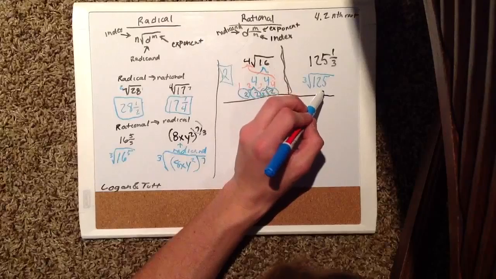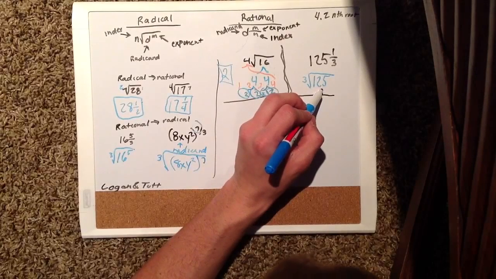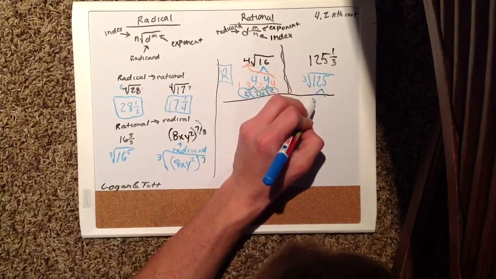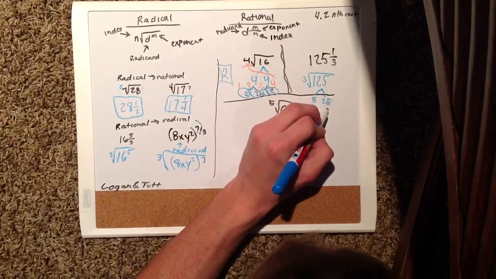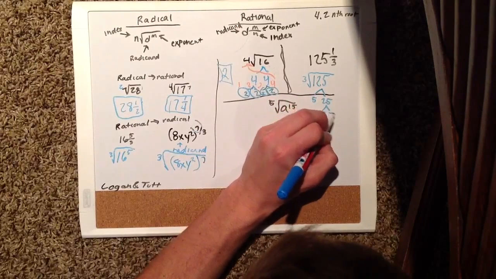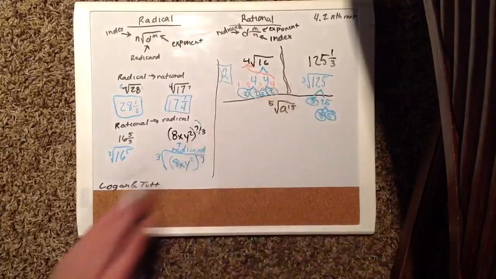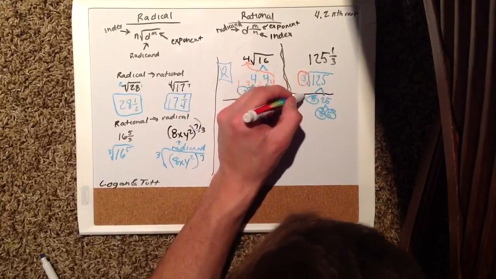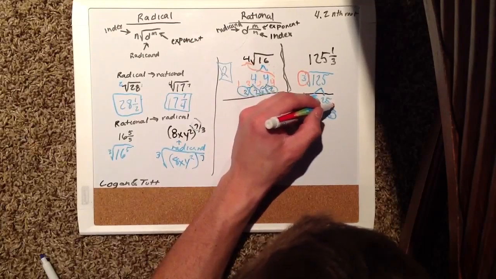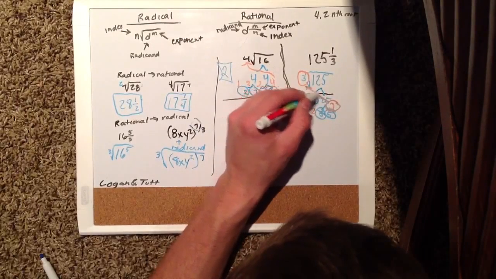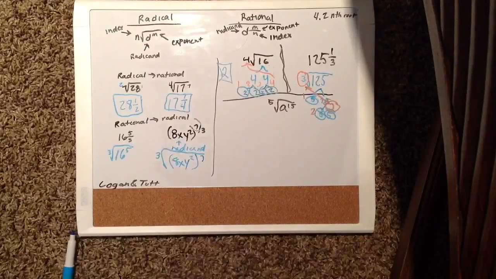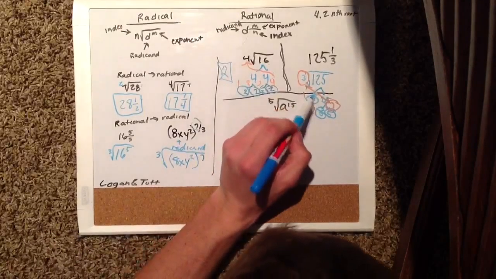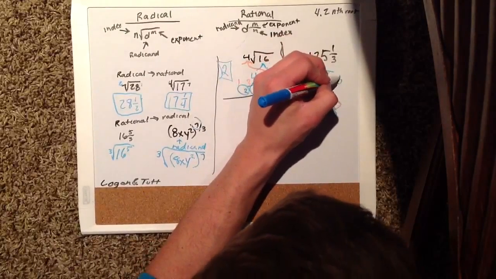Now you must factor, which is going to be 5 and 25, and then 25 factors into 5 and 5. 1, 2, 3. And as you'll notice, you have your 3 as your index. 1, 2, 3. So 3 and 3 match. So therefore, since you have 5, 5 is going to be your answer.